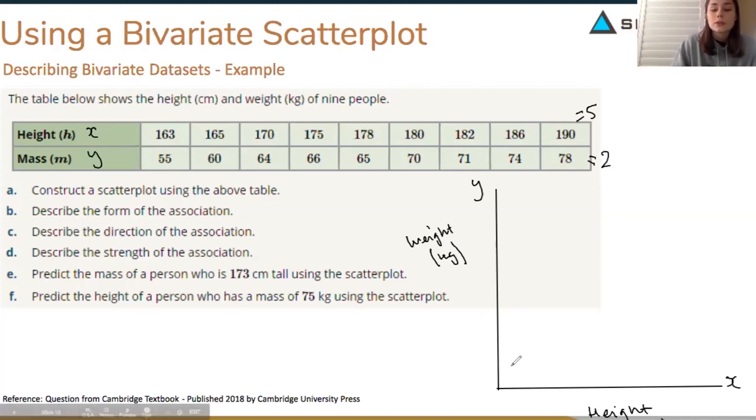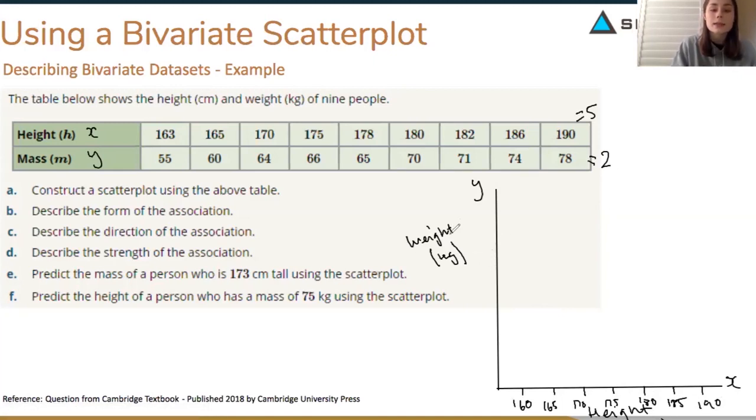All right, so our height on our x-axis, I'm going to start with 160, 165, 170, 175, 180, 185, 190, perfect. So I'm going to write that in: 165, 170, 175, 180, 185, and 190.